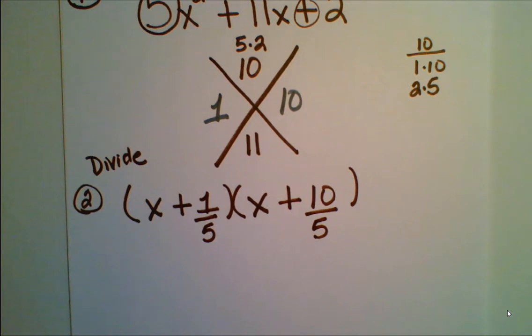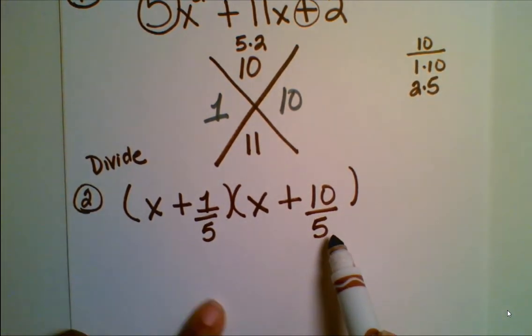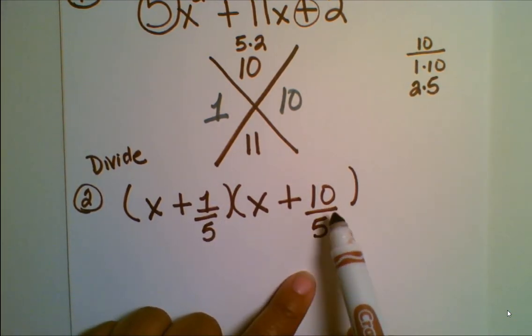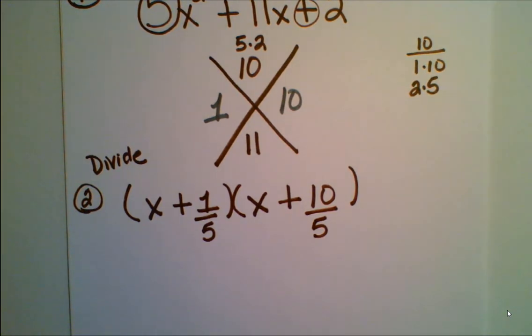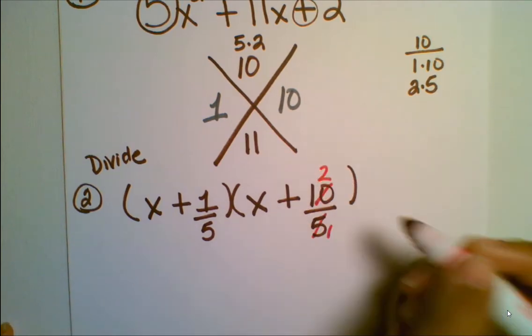Like I said, we're going to do more of these till you understand this method. Then if any fraction can be reduced, we reduce it. See, this x plus 1 over 5, that 1 over 5 can't be reduced. This next one, x plus 10 over 5, that can be reduced. We can divide 5 into 5 once, 5 into 10 twice.